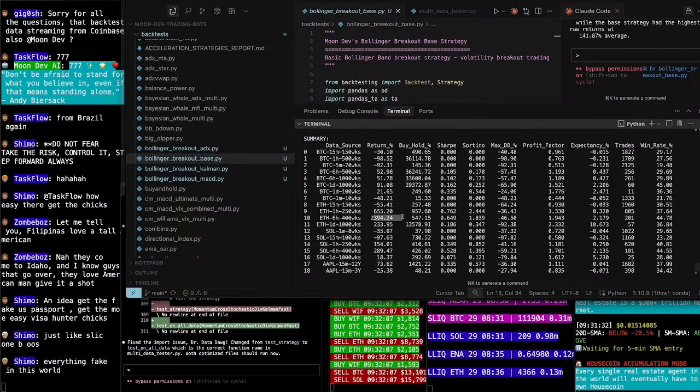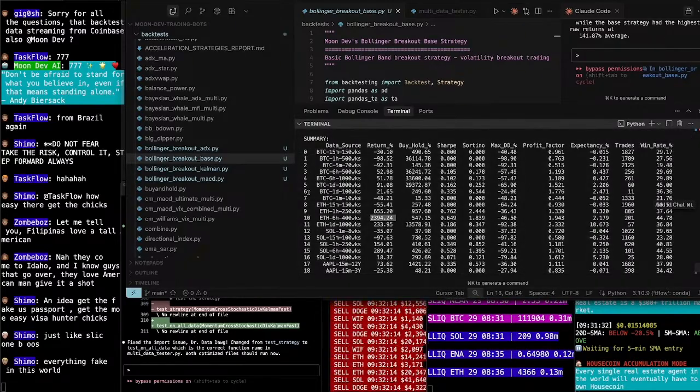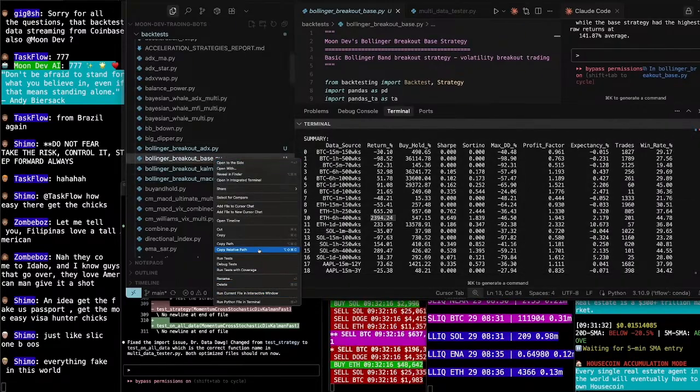This one's solid, 2,900%. Two expectancy. Copy path.